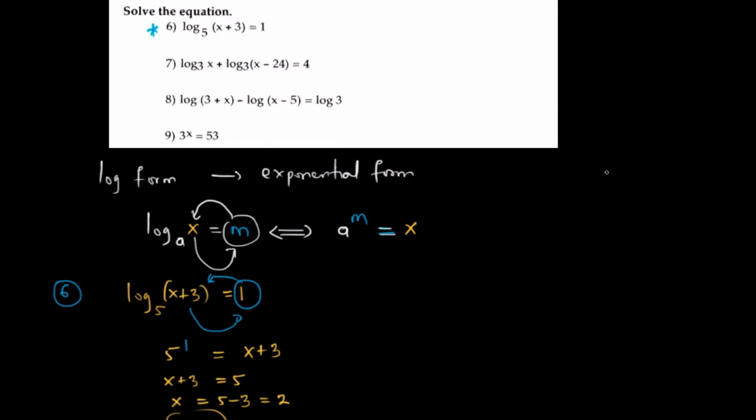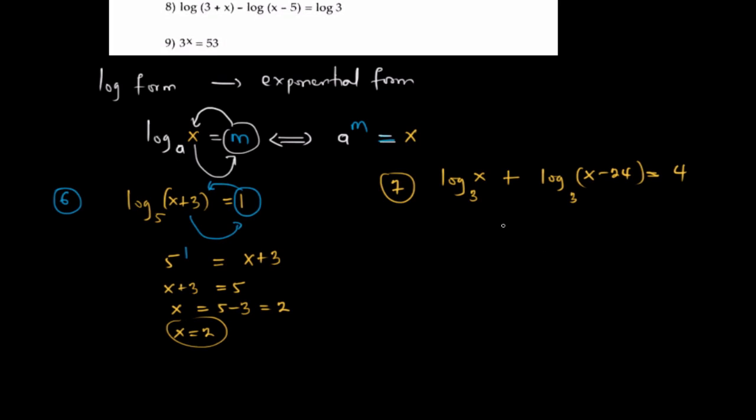The next question, we're going to write that down too. So that's 7. It says the log of x to the base 3 plus the log of x minus 24 to the base 3. Now this equals 4. Now to do this, let me highlight the terms we have here.